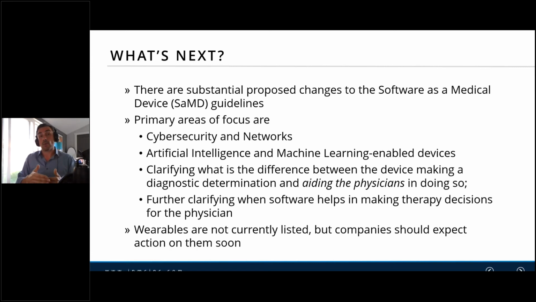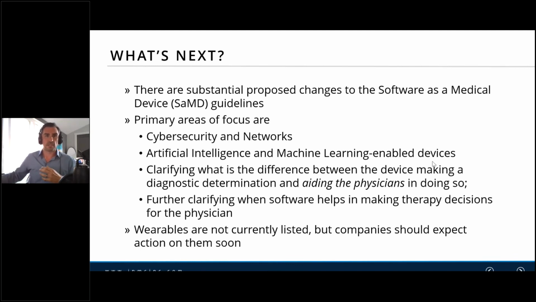More than likely not from wearable companies. I think more wearables are going to come through existing traditional medical device companies. And as a result, they're going to need to really pay attention to their regulatory paradigms for getting those things out the door. So I would expect wearable guidances.